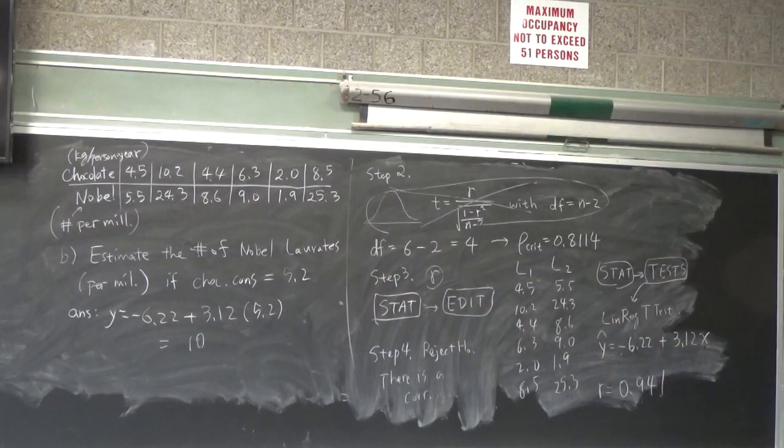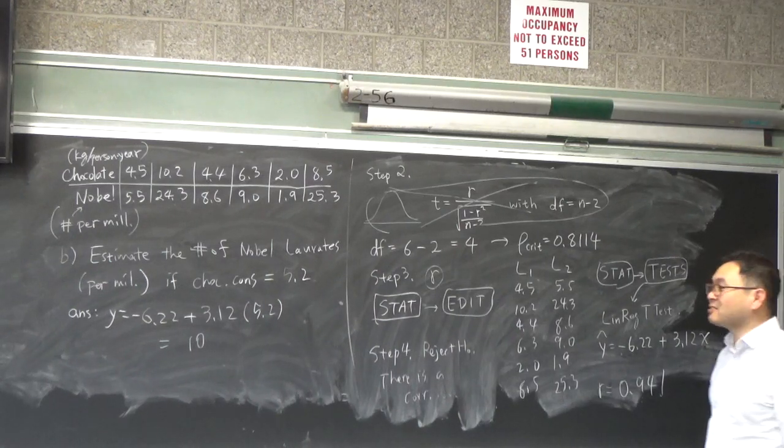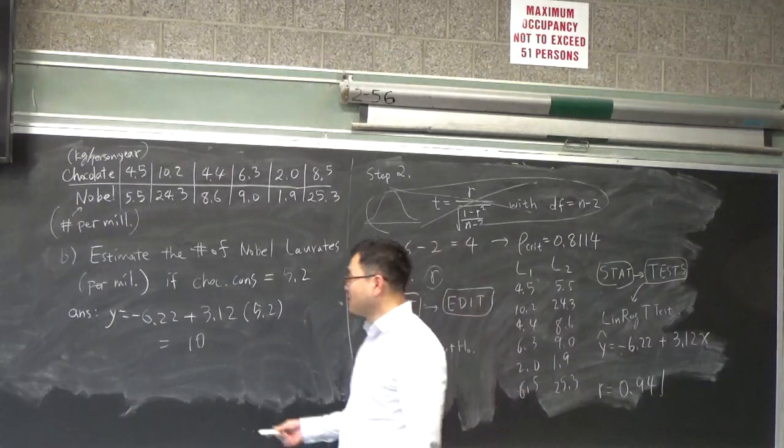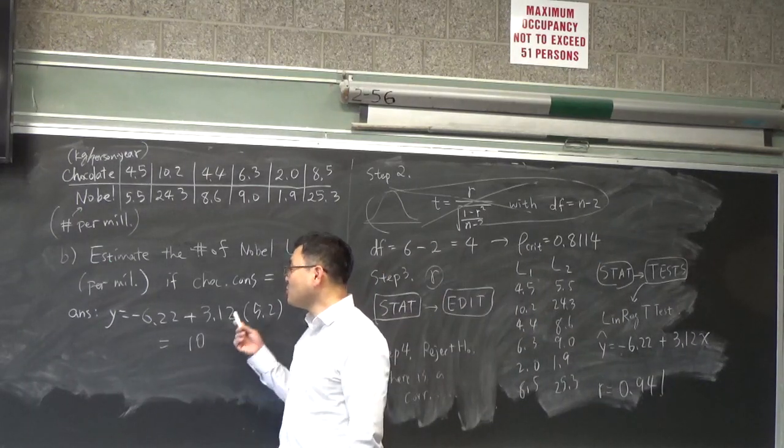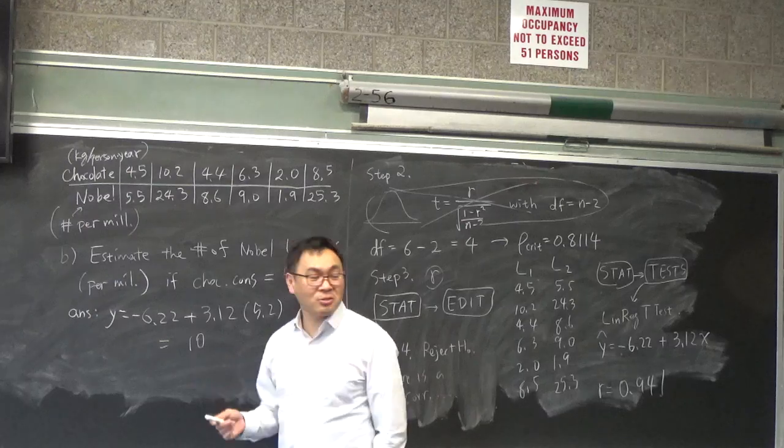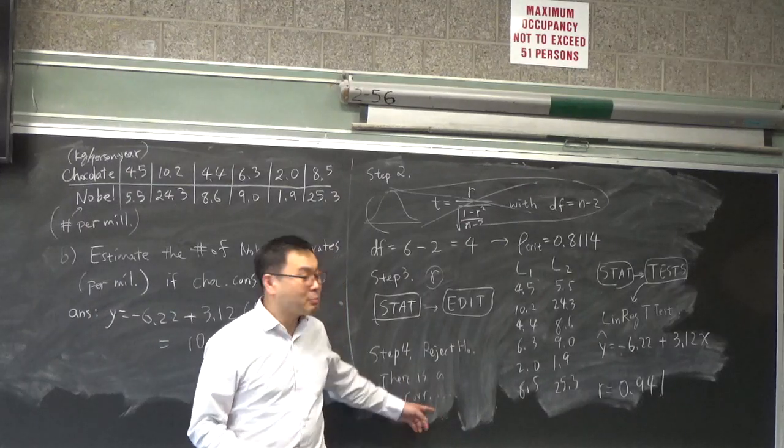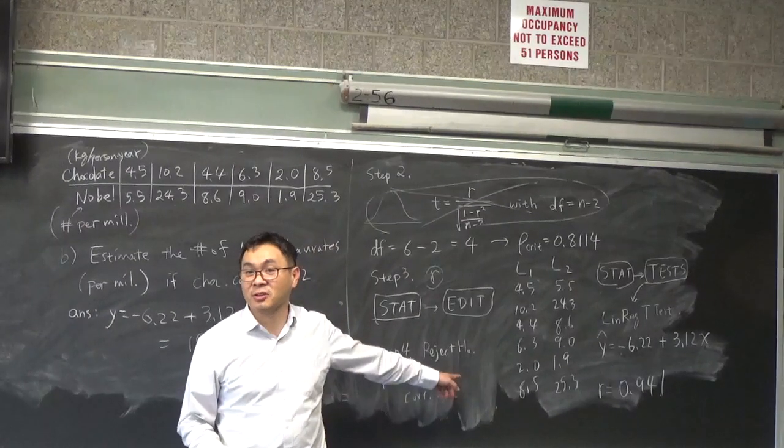Now, what justifies us to use that regression line? Can we always use the regression to come up with a prediction? No. Why not? We can use it because our hypothesis testing came out significant.